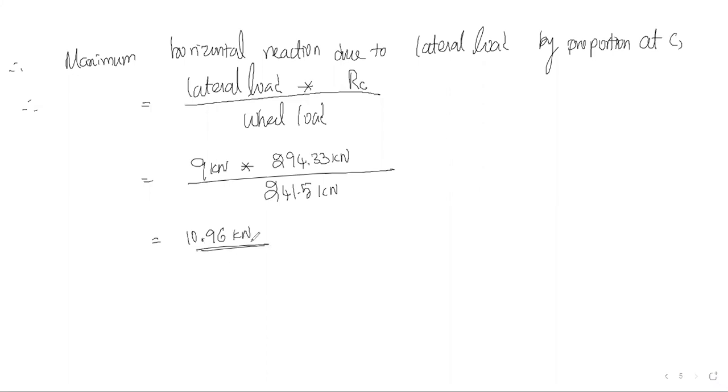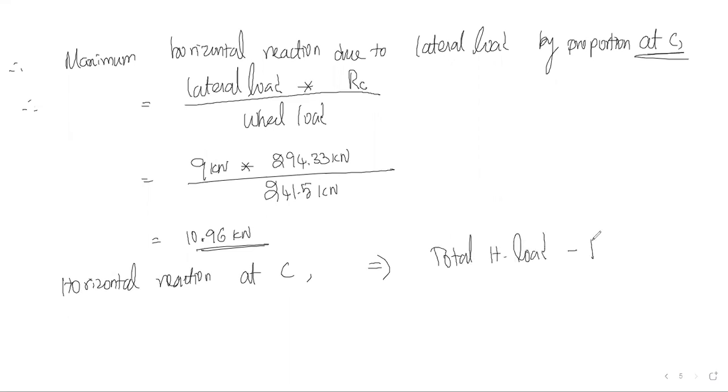And next, maximum bending moment, so horizontal due to lateral force at D. So this is at C. Next, horizontal reaction at C. So here the total horizontal, that is lateral load minus the lateral horizontal force at C, I can get the HD value.